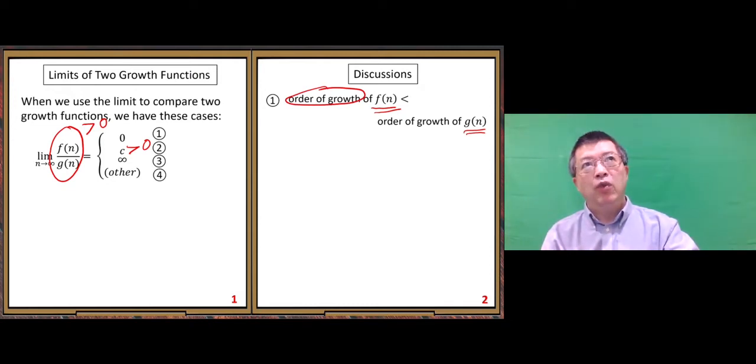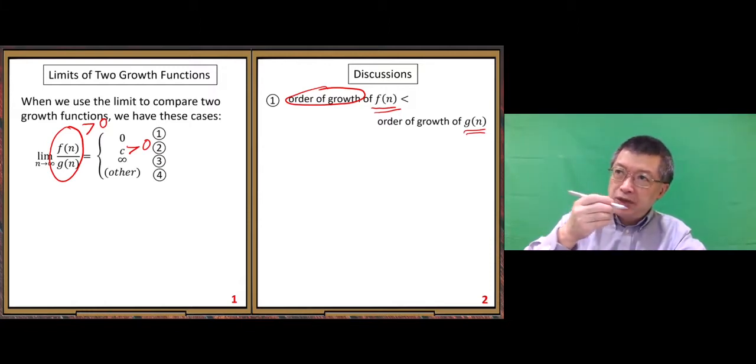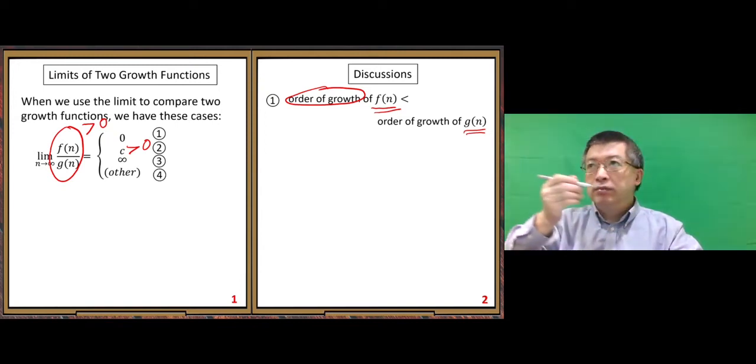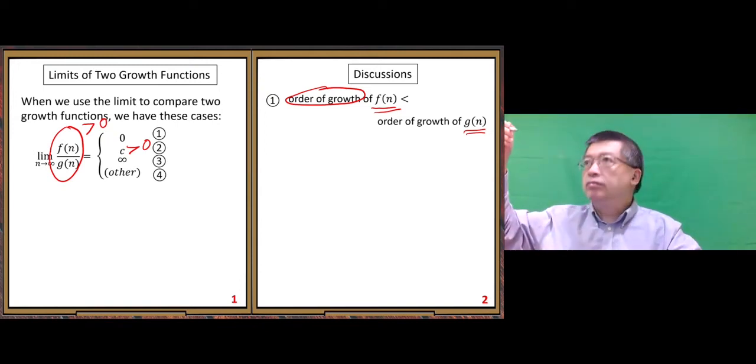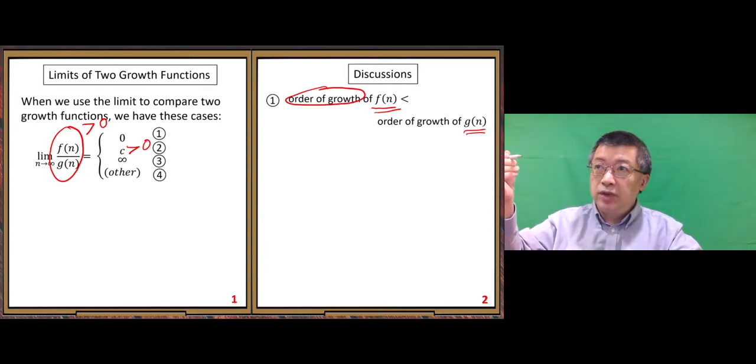Here we have this concept, order of growth. We know when the problem size gets larger and larger, the running time complexity should grow, right? But when that function grows, there is some order. Sometimes it grows faster, sometimes slower.